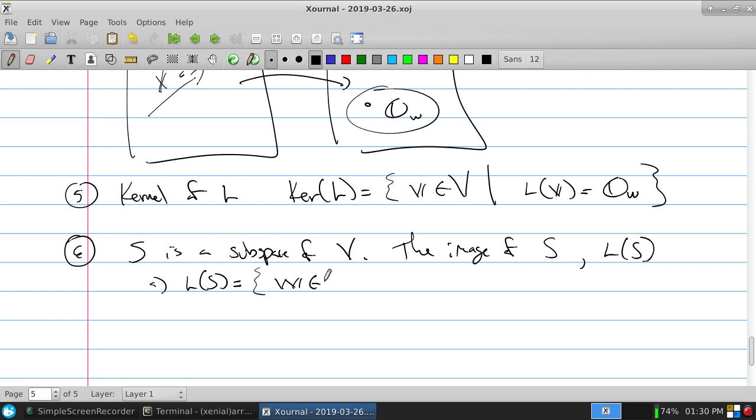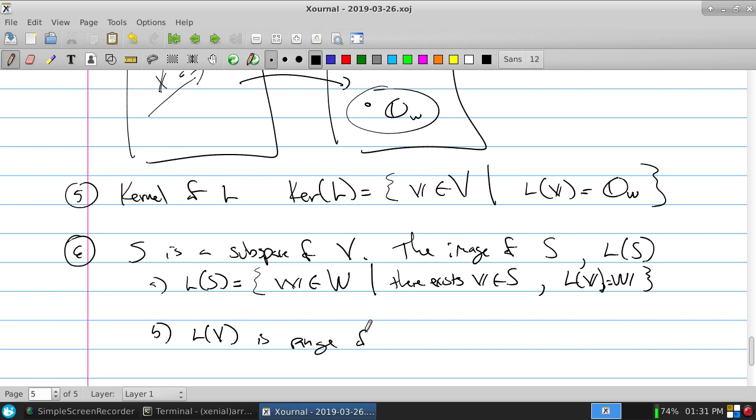what's everything on the right-hand side such that there exists a vector in the subspace such that L of V, mapping to W, is equal to W. And L of V is the range of L. So the entire range is to take all of V and move it.